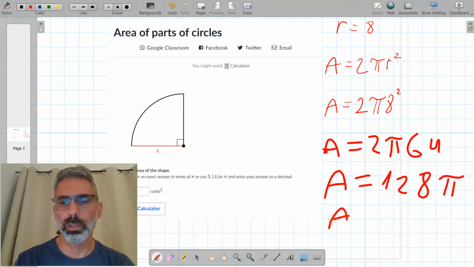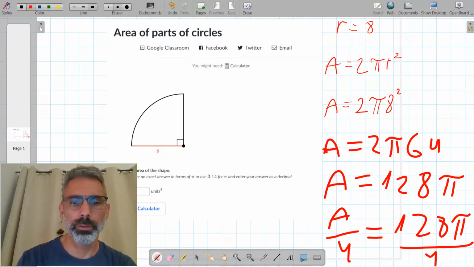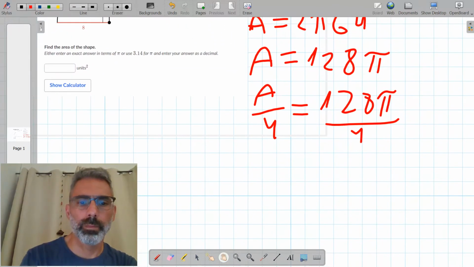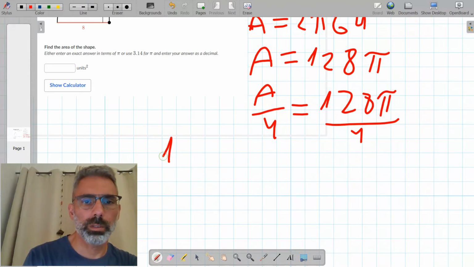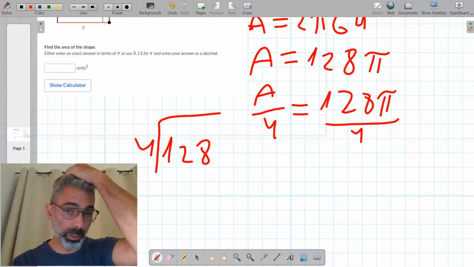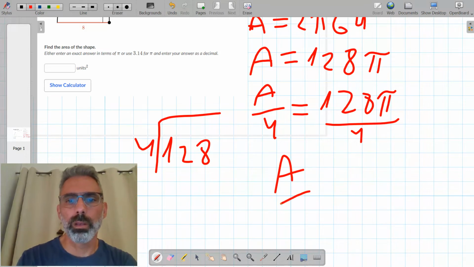So quarter of the circle is 128 pi divided by 4, and if we just divide 128 by 4, so 120 divided by 4 is 30, and 8 divided by 4 is 2.